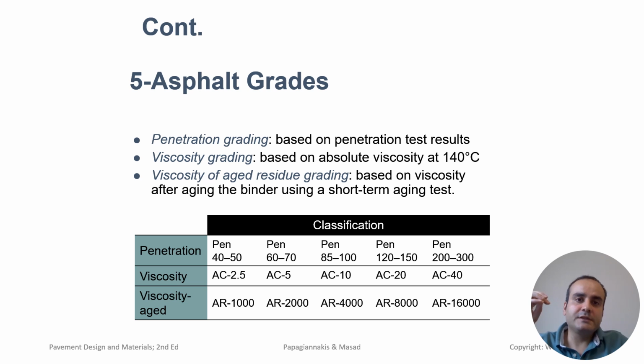This system has its own limitations as well, like viscosity grading. The aged residue system is focused on high temperature behavior and does not directly measure the binder's performance at low temperature or its fatigue resistance.